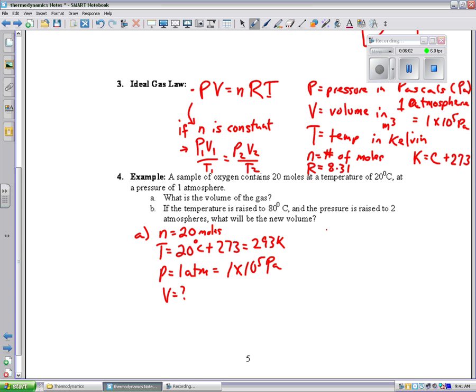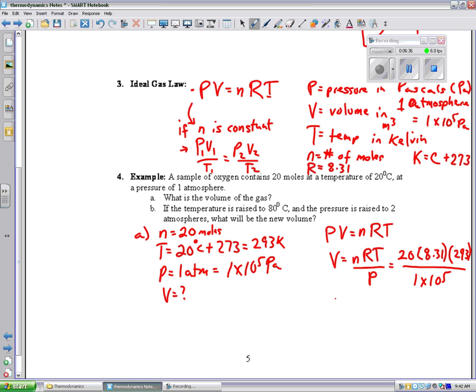So we can go to our ideal gas law, PV equals nRT. I'm going to solve it for volume before I plug in. So V is nRT divided by P. In order to move the pressure over to the other side, I have to divide. So that's going to be 20 times R, that constant, 8.31, times our temperature, 293, and on the bottom we have the pressure, which is 1 times 10 to the 5th.